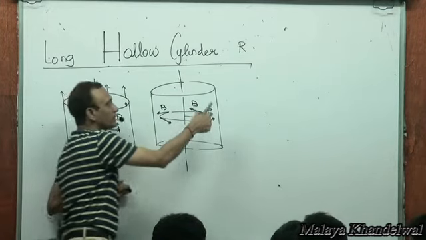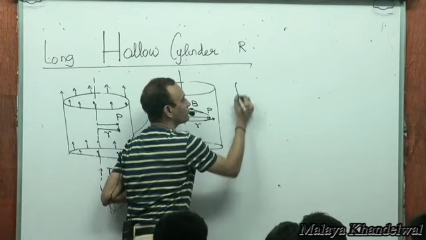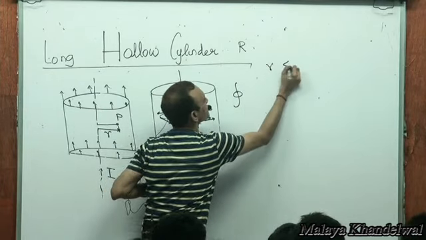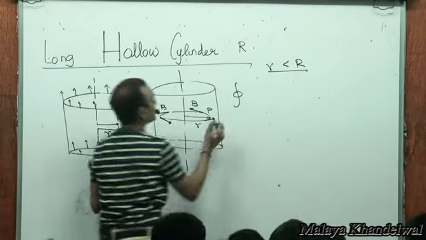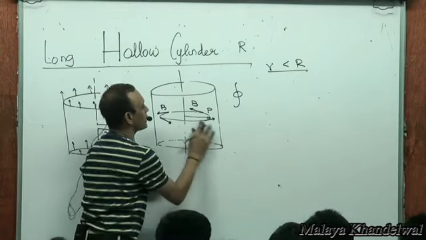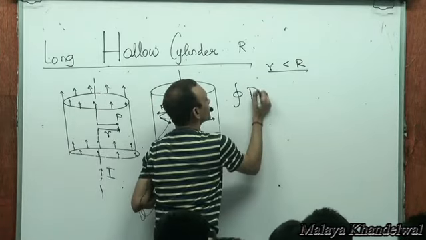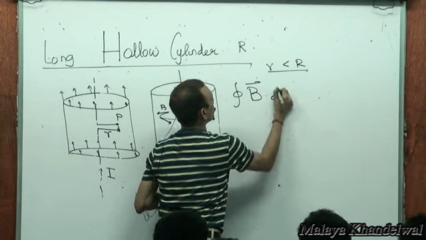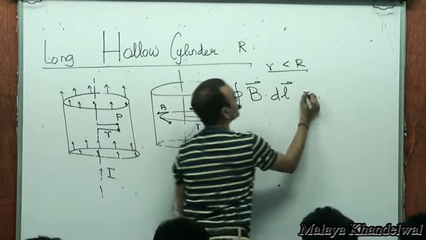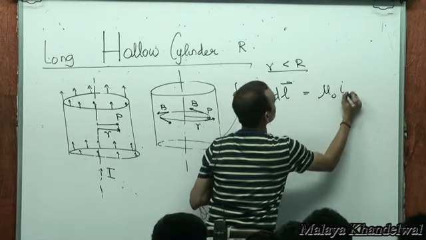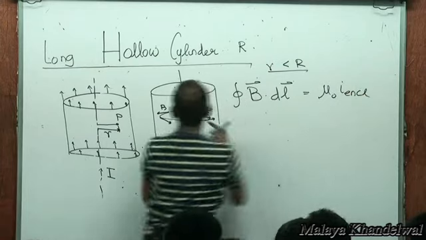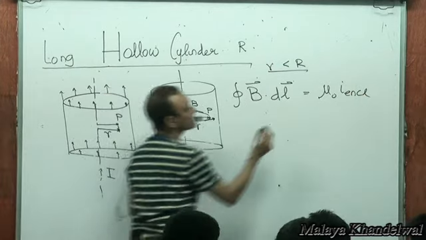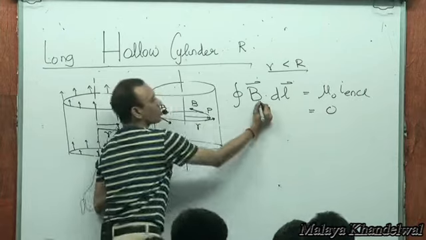right? So then, integral B dot dl for this interior loop, for any P at a distance small r less than capital R, is going to be mu naught times I enclosed. I enclosed for this inner loop is going to be always 0. And B is a constant.